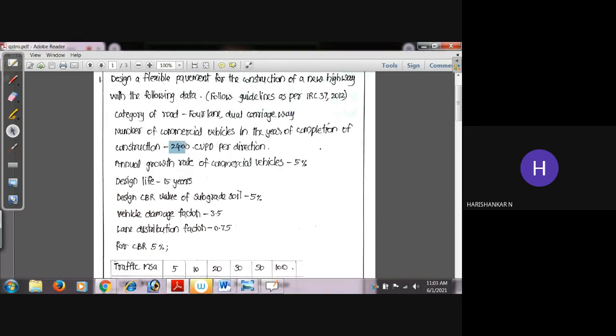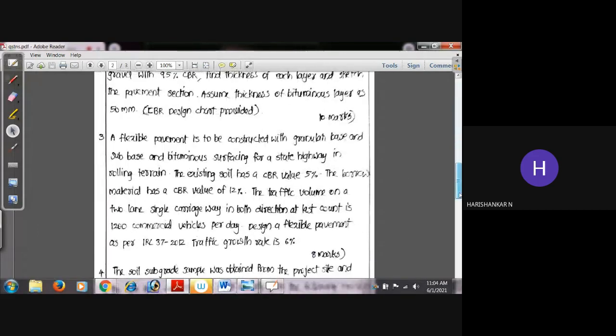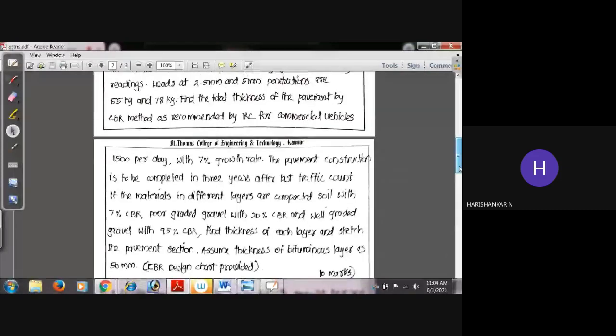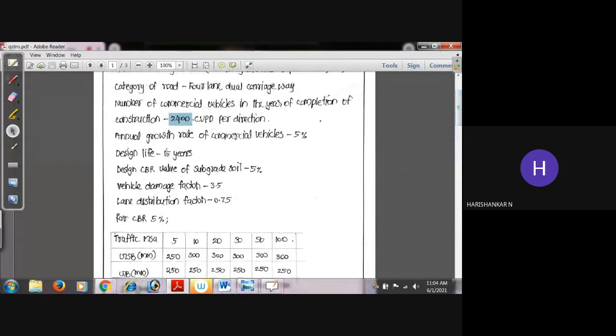If the number of commercial vehicles is given some 3 or 4 years before construction completion, then you can include those 3 or 4 years in your calculation. That type of problem comes in the second or third. Here you need to take the small n value only.